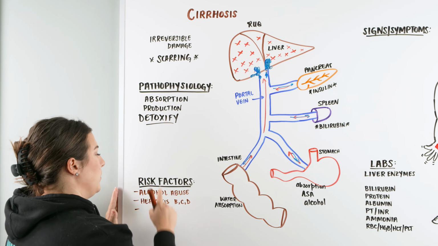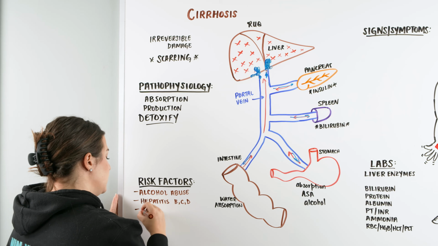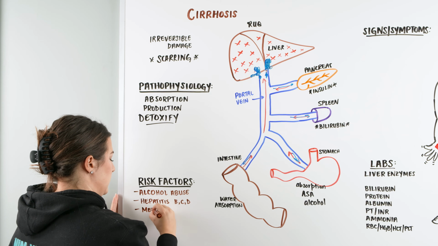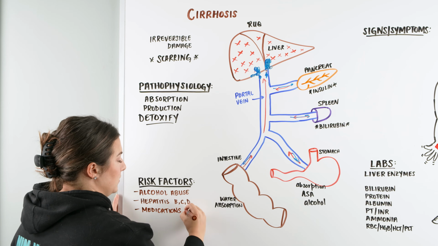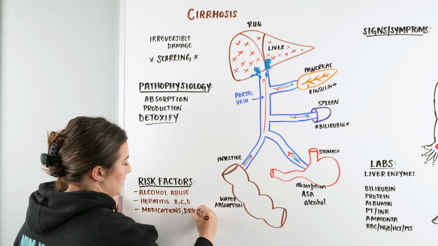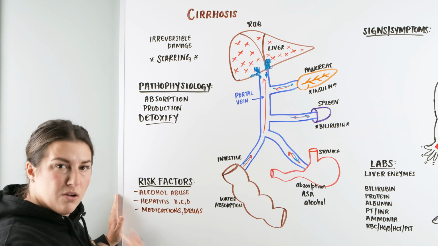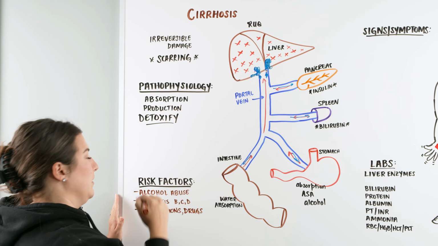What other things can go in and damage our liver? You can think of things like certain medications and street drugs. So I just say drugs. Any type of abuse like that can also cause issues or impediment within our liver's function.